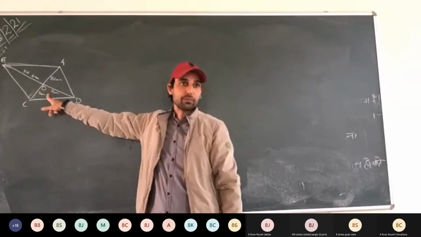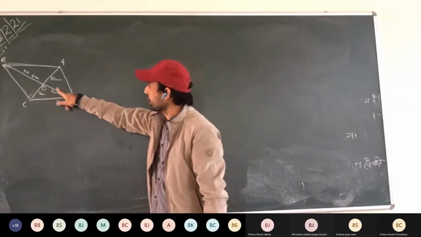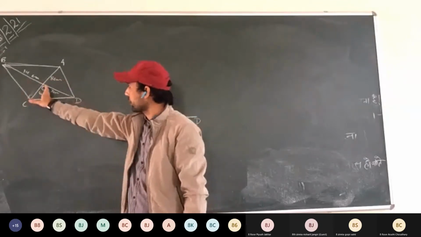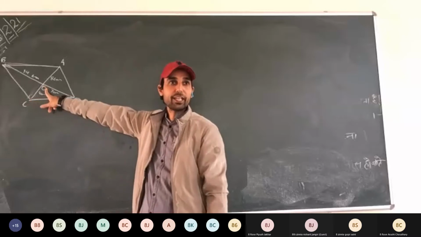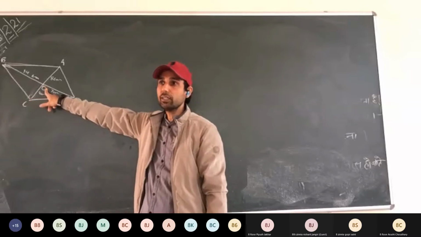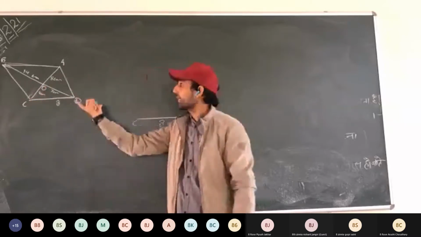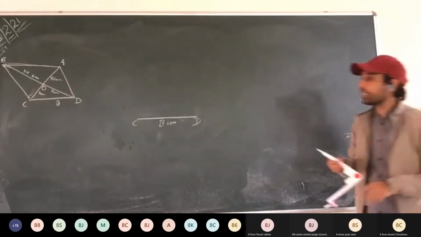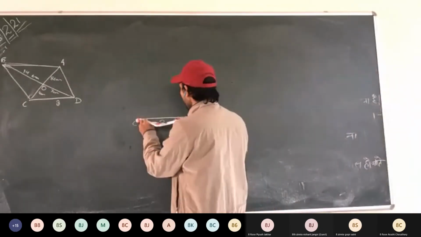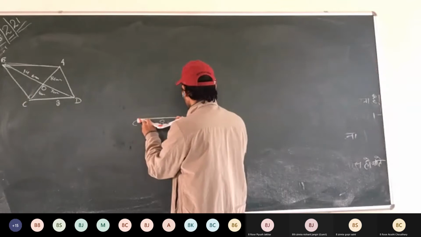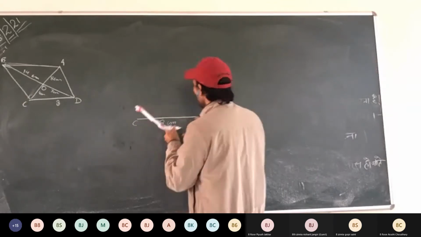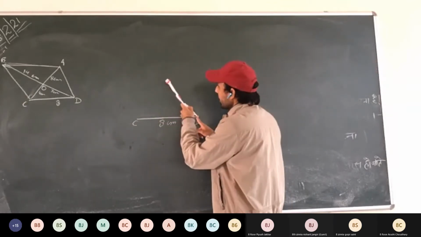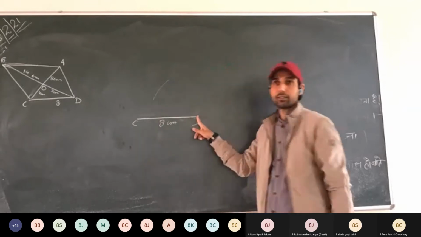So we can draw O. Wherever the 7 centimeter arc and 4 centimeter arc meet, we'll get O. Understood this one? So take a radius of 7 centimeters. From D, make an arc.